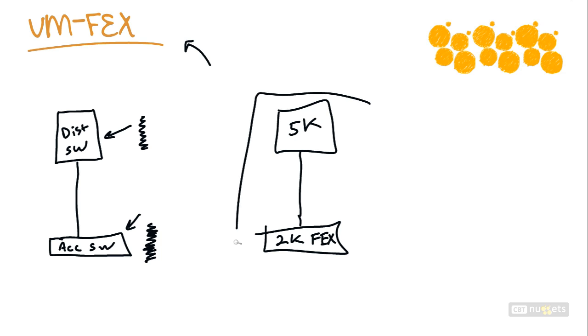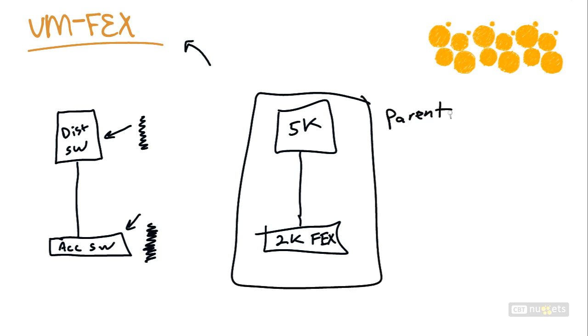You remember these devices have a parent-child relationship. So we go and we make configurations here, and those configurations carry down to the child device. Really what's happening here is that child device is acting like a line card connected inside the 5K.